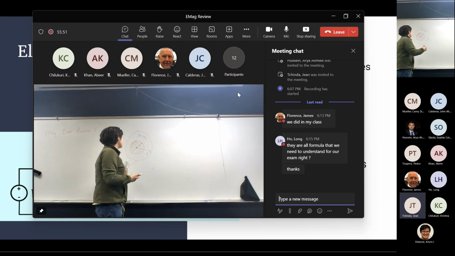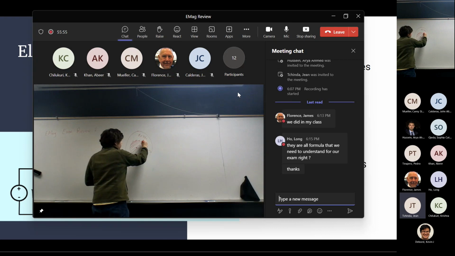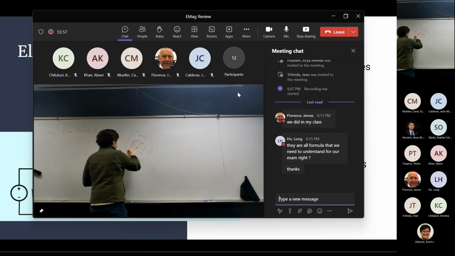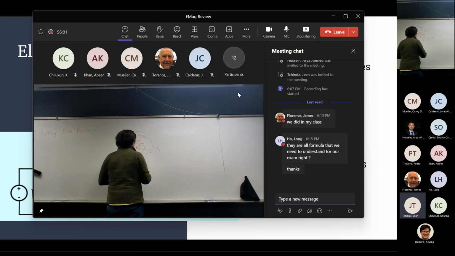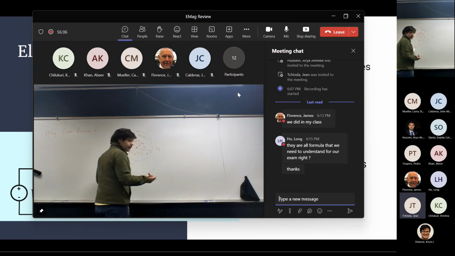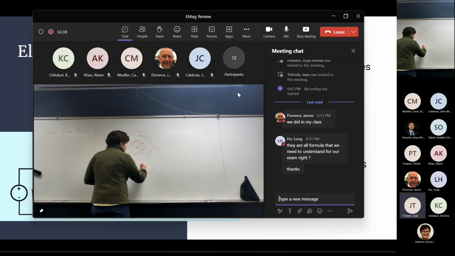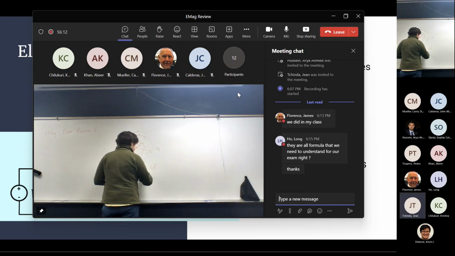And this inner conductor has a surface charge density of rho s. The main goal is to find D and E everywhere.